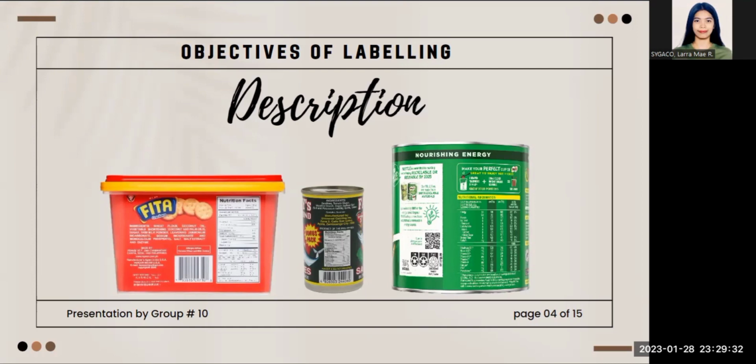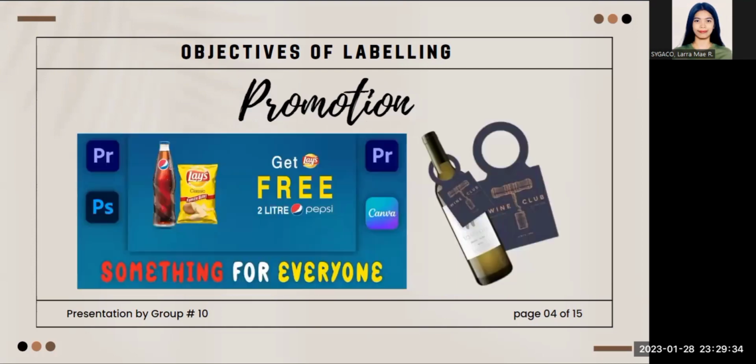Next will be, and it will be the last objective of labeling, which is promotion. So finally, these promotion labels help in promoting the product through attractive and bright graphically pleasing paper labels glued on cans and bottles.